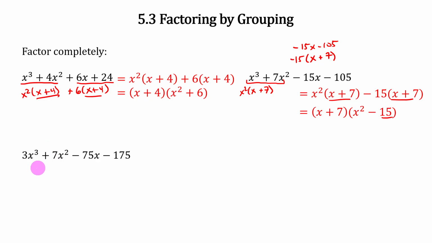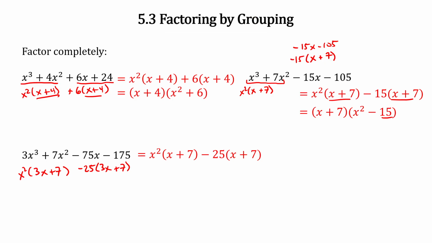Okay, over here, now I'm going to factor out x squared and get 3x plus 7. And here, same thing, let's factor out a negative 25, and I would get 3x plus 7.